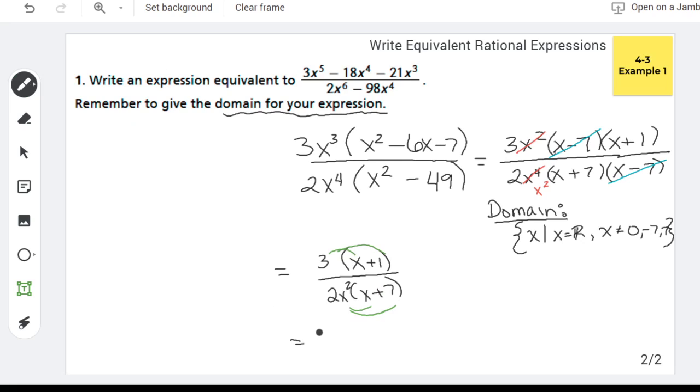So 3 times x is 3x, and 3 times 1 is 3. And down here, 2x squared times x is 2x cubed, and 2x squared times 7 is 14x squared. So here's my official final solution, although again this one works occasionally as well.